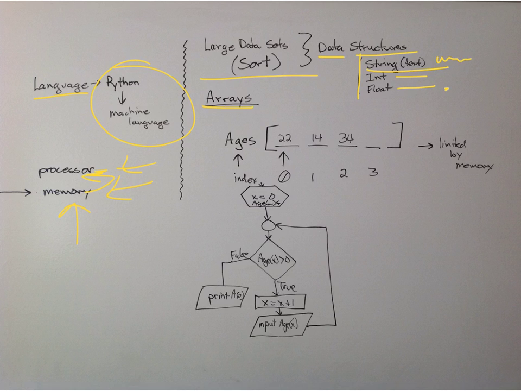So for an example, with a large data set that you want to sort, we did an example here with ages. So we built what's referred to as an array. We draw a picture like this to show the array, and then the array has positions.